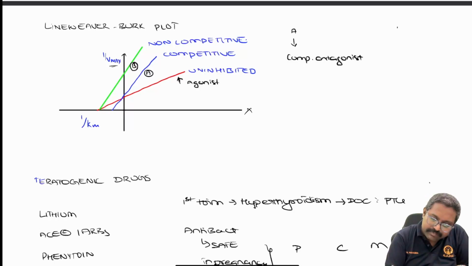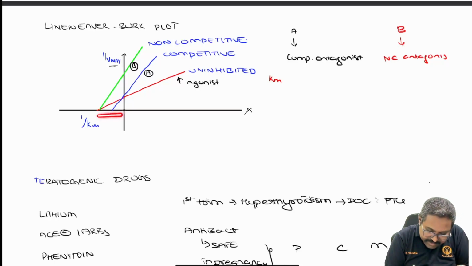What is B? B is the non-competitive antagonist. So what is happening to the Km here? If this plot moves towards this center, what will happen to the Km? Km will increase. Is it right? Km will increase.